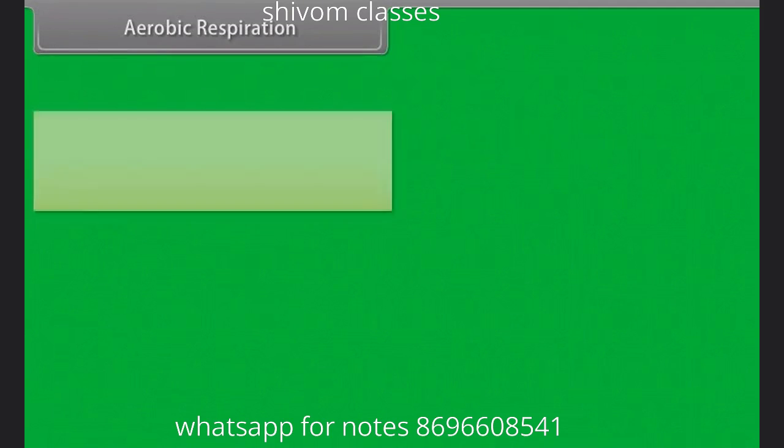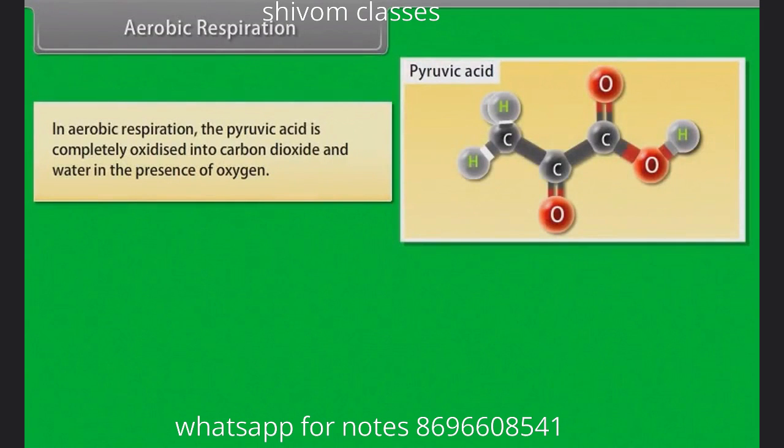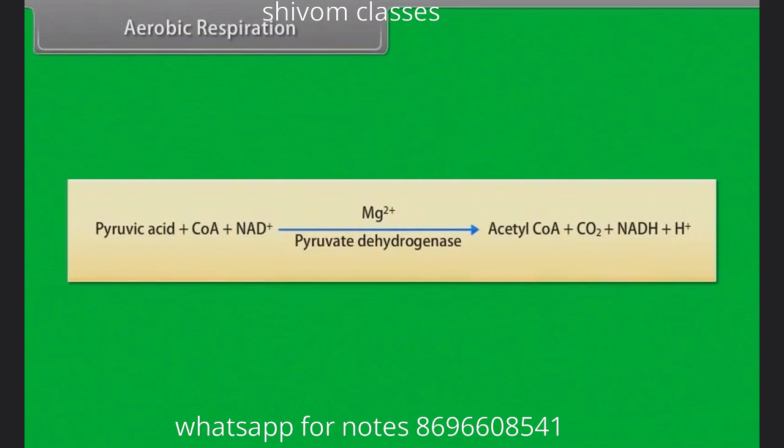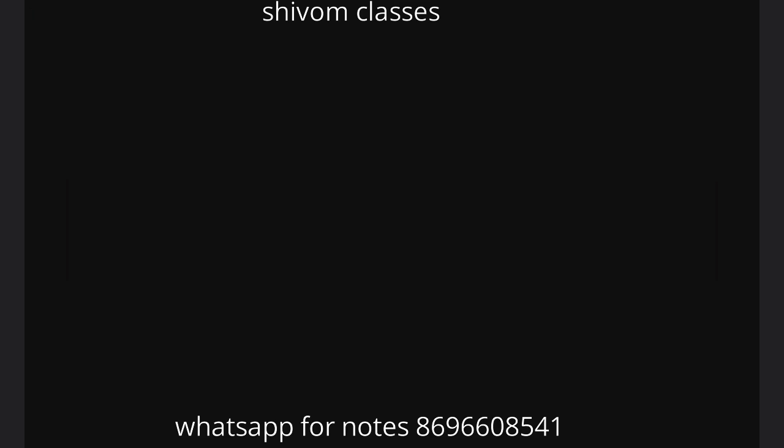Aerobic respiration. In aerobic respiration, the pyruvic acid is completely oxidized into carbon dioxide and water in the presence of oxygen. In aerobic conditions, pyruvic acid is oxidized through Krebs cycle, but before entering Krebs cycle, it enters into the mitochondrial matrix where it is decarboxylated and combines with coenzyme A to form acetyl coenzyme A. Tricarboxylic acid cycle.